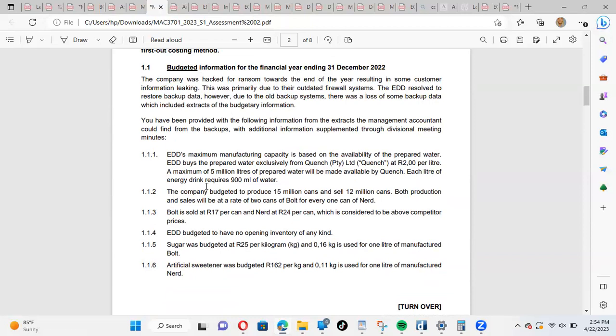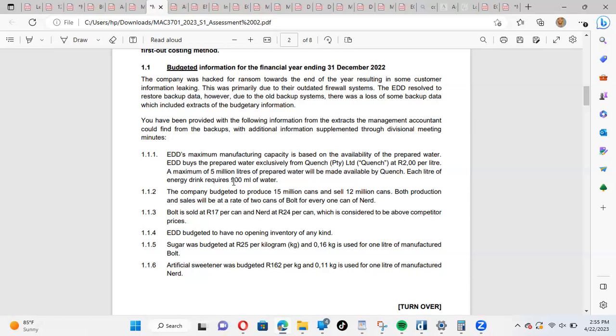So these cans basically give us 900 milliliters, and we need to make sure that at whatever point we are aware of this fact.